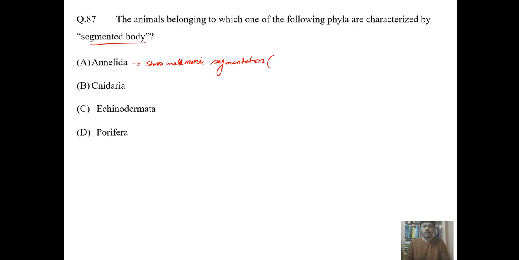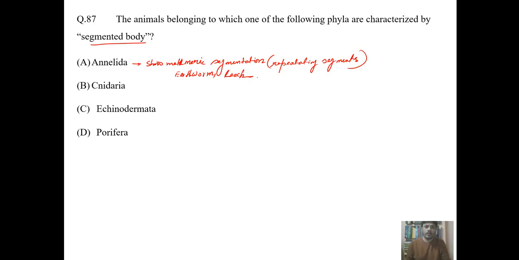The body is actually divided into repeating segments, and this is generally found in earthworm and leech.